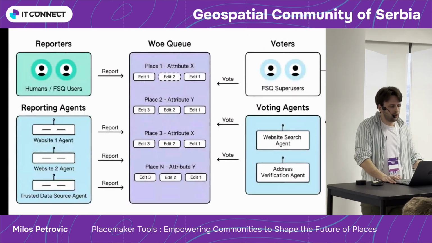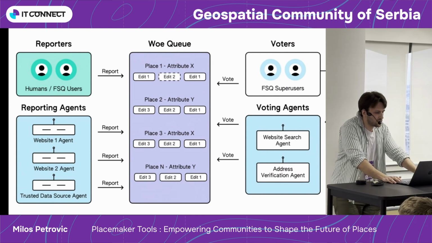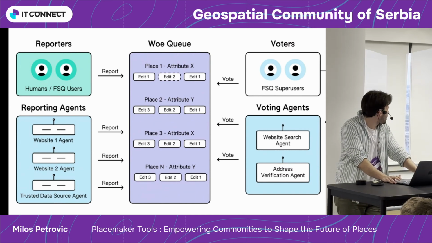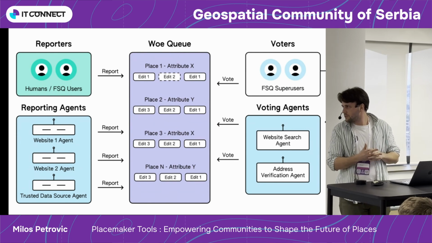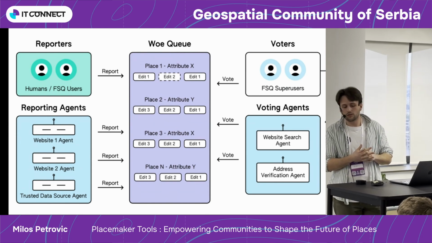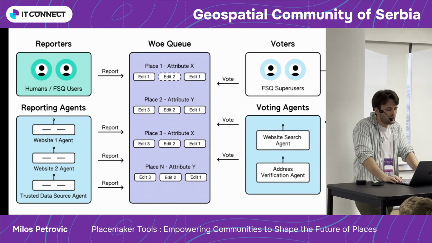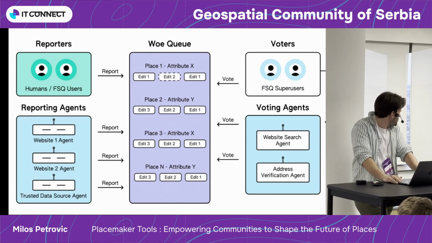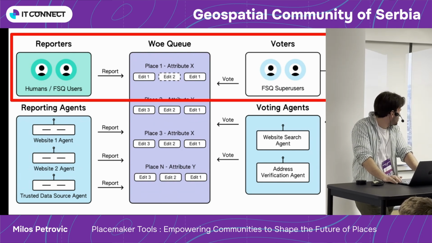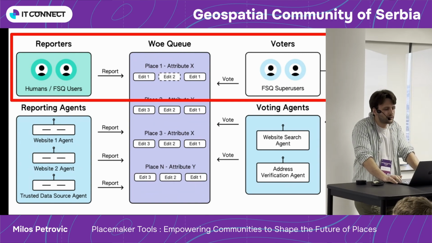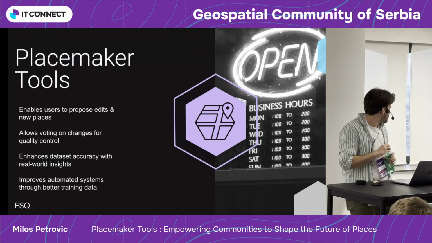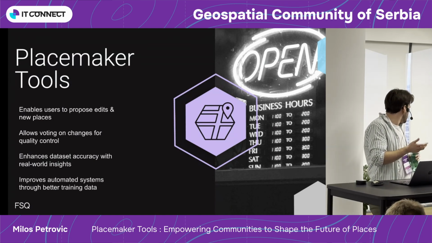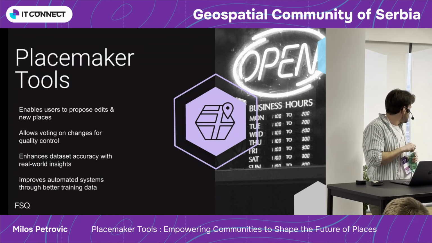Also, what you can see on this image is that both reporters and voters are basically of two types. We have humans on the top, and we have these reporting and voting agents on the bottom. The Placemaker tool is designed to add support for this voting system for human actors. This application allows users to directly contribute to our dataset, to propose new vows, and to participate in this voting system.